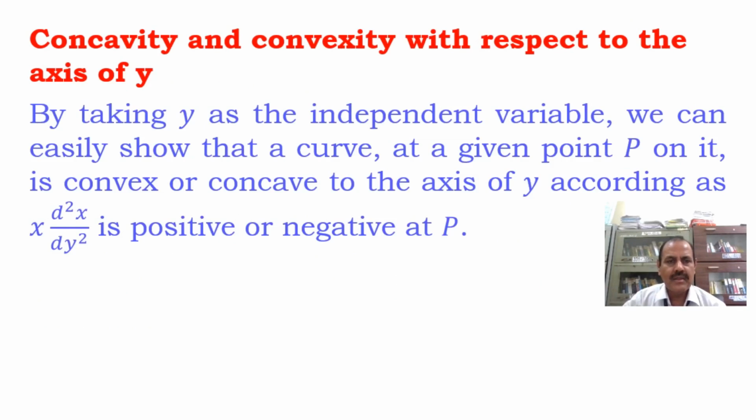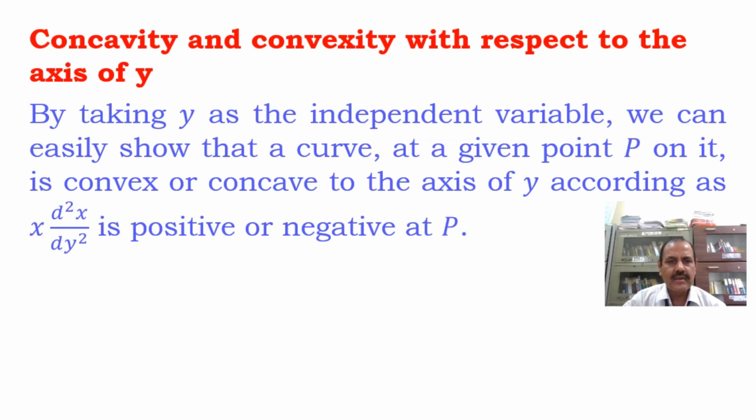Now similarly, we have checked the convexity and concavity with respect to the x-axis. Now let us check this concept with respect to the y-axis. This is needed when the curve is parallel to the y-axis.